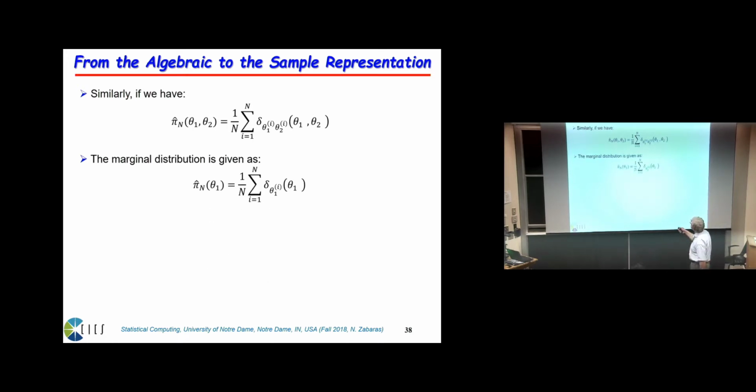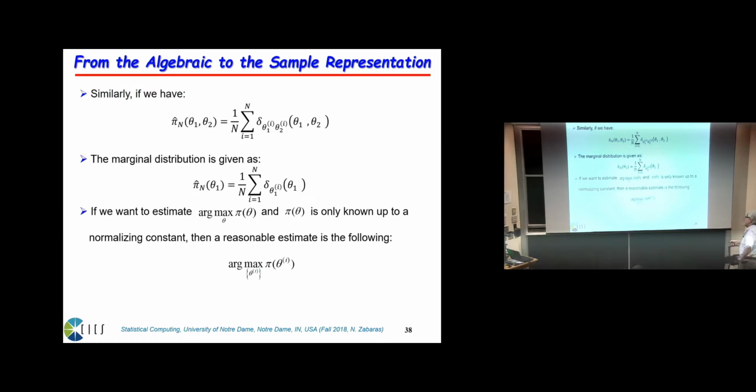If you want to marginalize this and get rid of θ2, you basically have these delta functions only on exactly the same θ1s that you use up there. Because when you integrate over θ2, the delta function in θ2 will give you 1, and those same samples you can reduce to compute the marginal distribution.